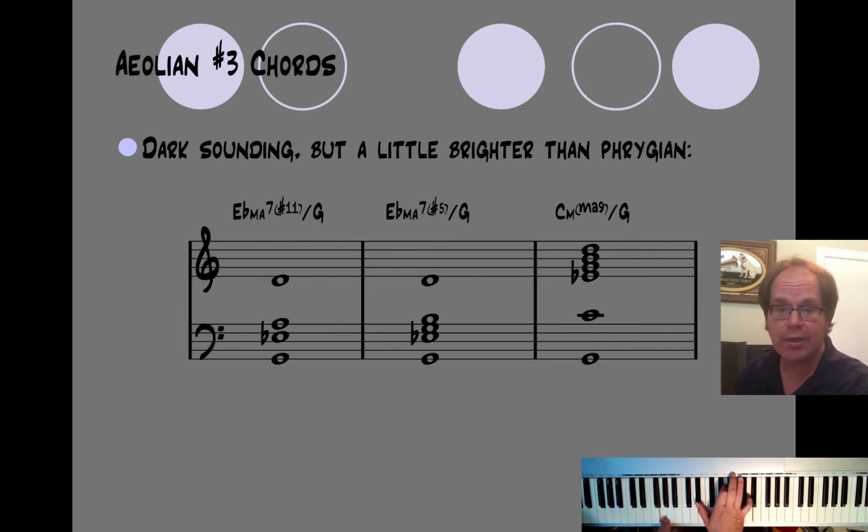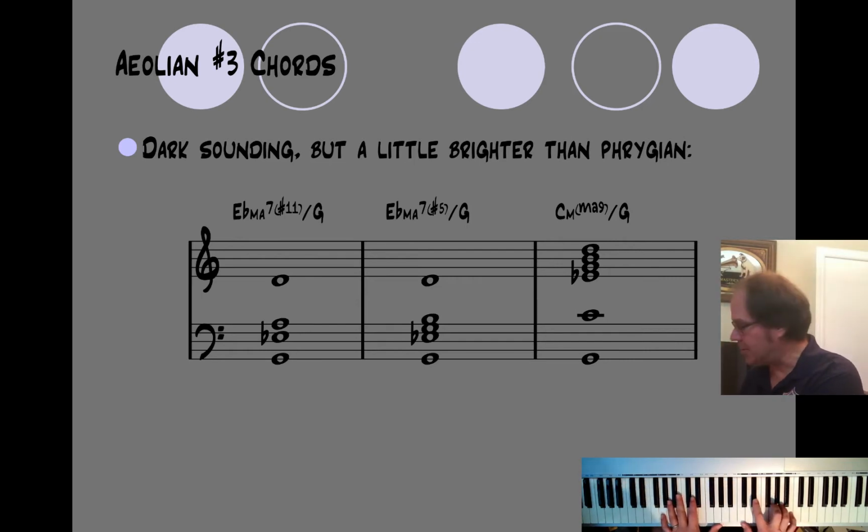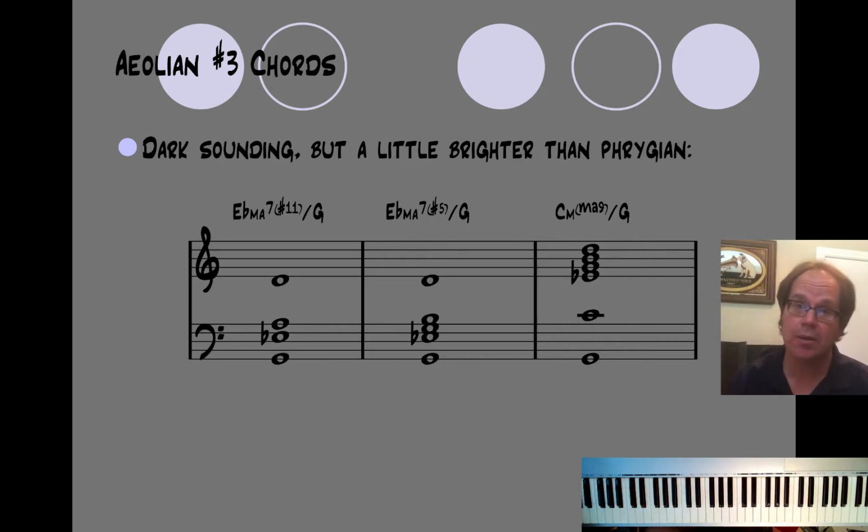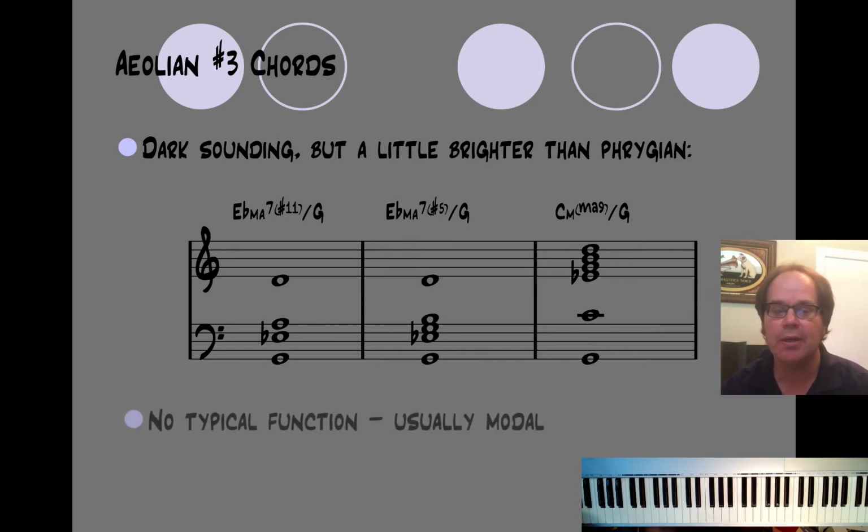It doesn't really even have the dominant function in there, right? Same thing with this type here. This one emphasizes the third of the chord. Maybe a more complete version might be a minor major 9 chord with the G in the bass. But once again, these are sort of modal versions of this particular chord scale. We don't see it very often.